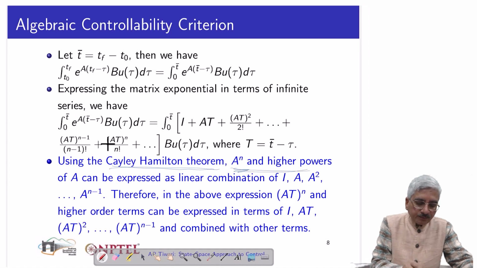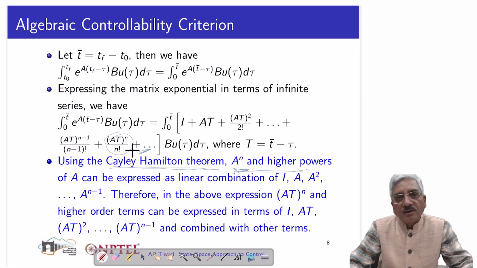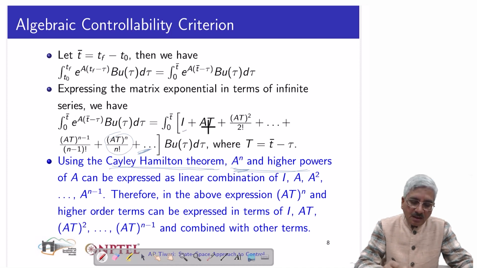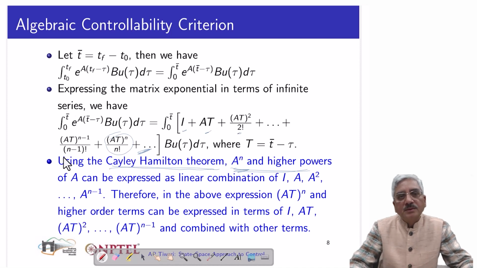So the immediate effect of that is that this A power n, which will come here, and the higher order terms which will contain A t power n plus 1, A t power n plus 2, etc., can all get expressed in terms of identity, At, A square t square, and so on up to power n minus 1.